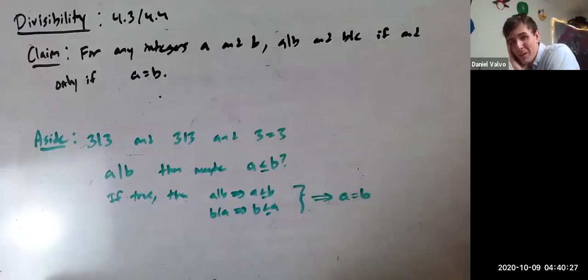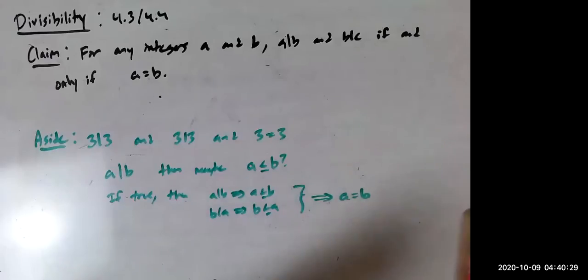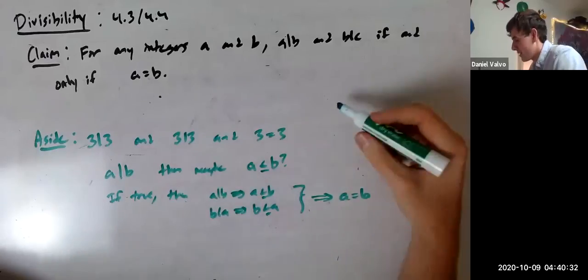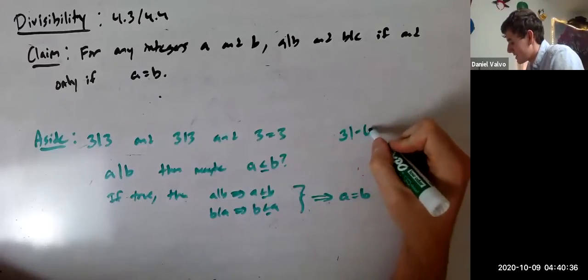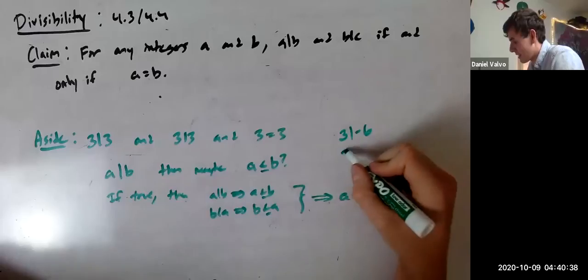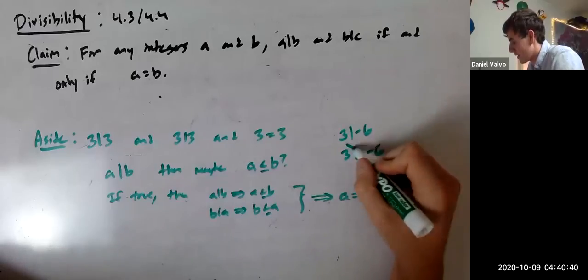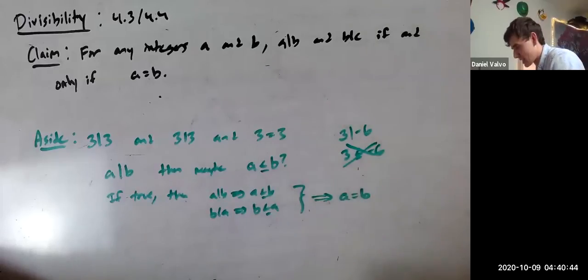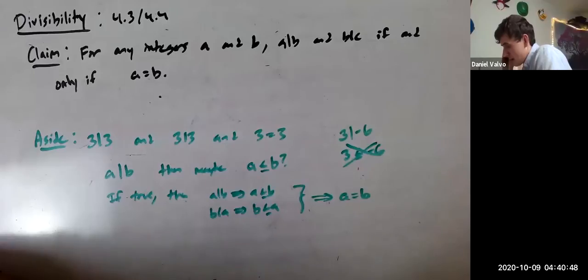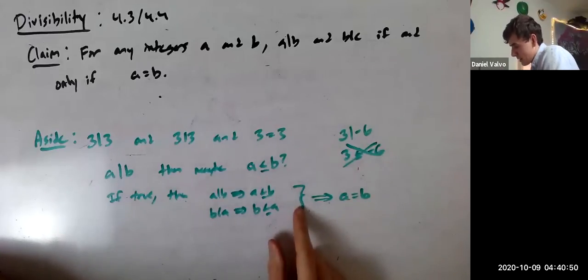Negatives totally screw us up, right? I mean, for example, 3 divides -6, but 3 is not less than or equal to -6. The exact opposite, -6 is less than 3. So that totally screws up this idea.